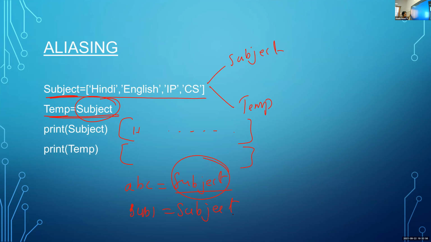After executing this statement, one more name is there for subject, it is sub 1. So sub 1 and subject are the same. The content is the same, but two names are there. If we print subject, the content is this one. If we print sub 1, the content is the same. Is it clear? Okay.